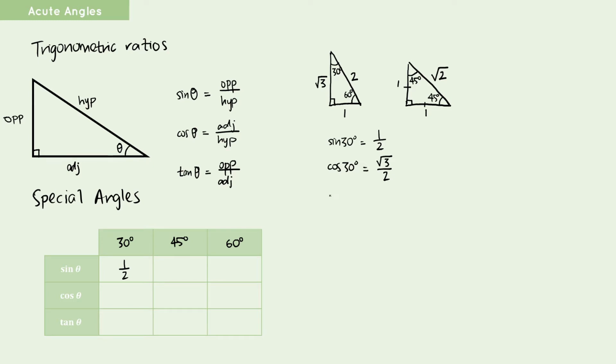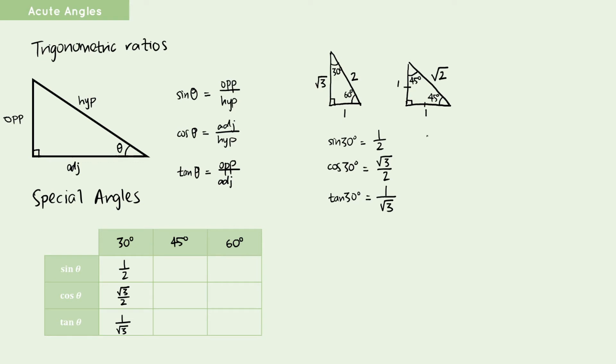Next we want to find tangent 30 degrees. Tangent is opposite over adjacent, so it's 1 over square root 3.